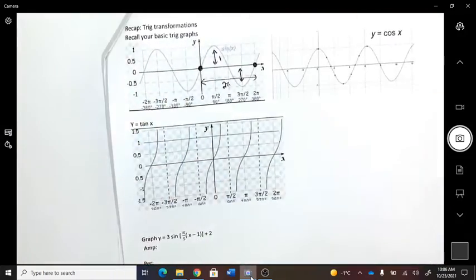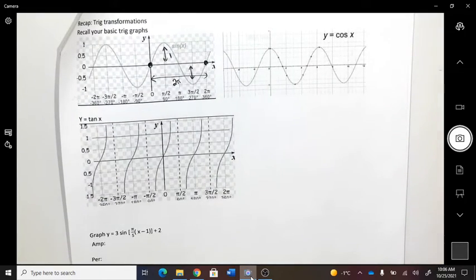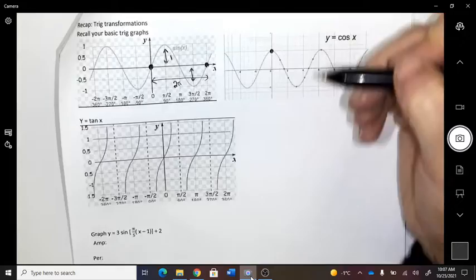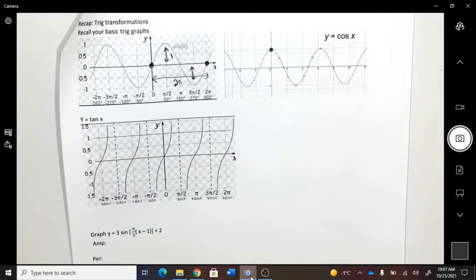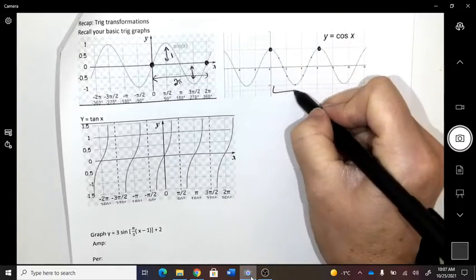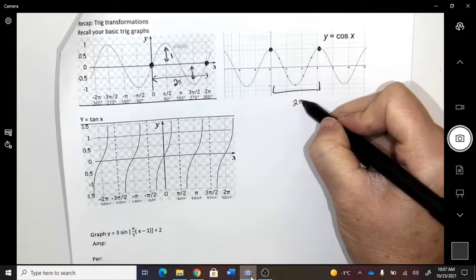Okay. And then the cosine curve had the same amplitude, the same period, but the difference was it starts on a top, a max. But the next time I get to a max, that should also be 2 pi later, right?